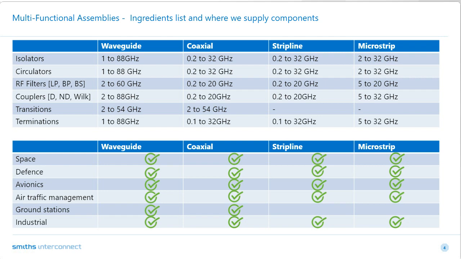And in the lower box, I put the different markets where we play, space, defense, avionics, etc., and put in waveguide, coax, strip line, microstrip, and these are actually not only components, but the multifunction assemblies that we've supplied into that market. So I guess the purpose of this slide is to explain the limitation of our capability, what we mean by passive components, and our experience in making MFA.